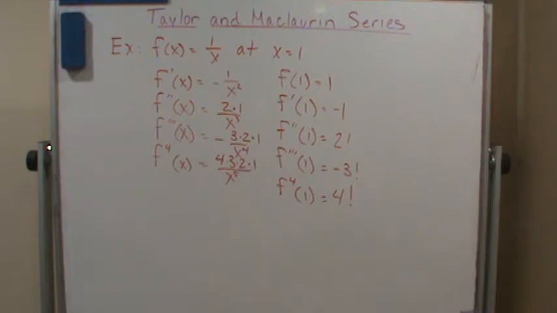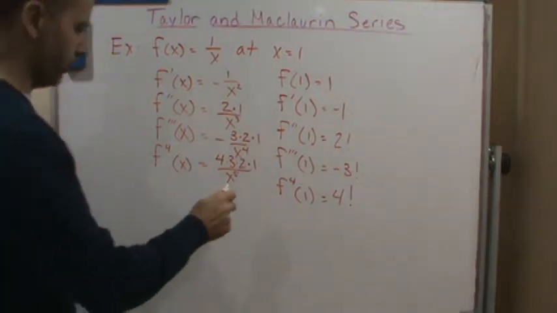Now, we can see a pattern here. If we use the nth derivative of f at 1, then we get an alternating series that looks like this.